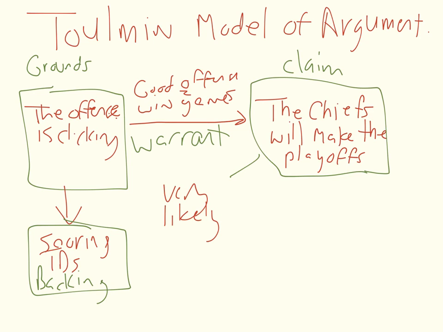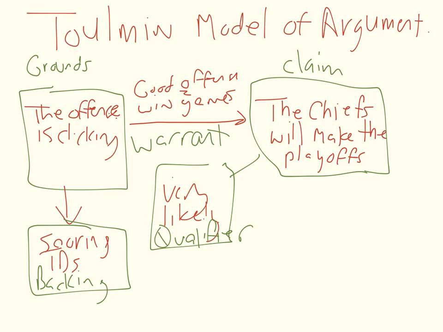So let's say I modified the argument to say, it's very likely that the Chiefs will make the playoffs this year because the offense is clicking. And we know this because they're scoring a lot of touchdowns, and usually teams with good offense win good games. So, very likely in this case would fall under what we call a qualifier. A qualifier is a statement that indicates the force of the argument.